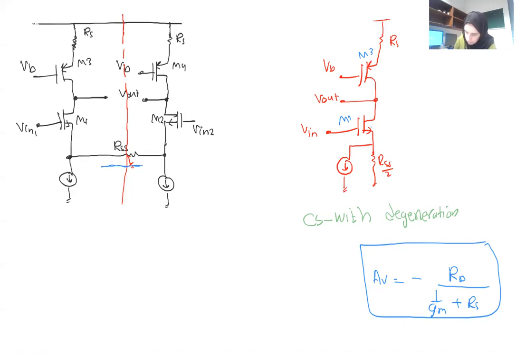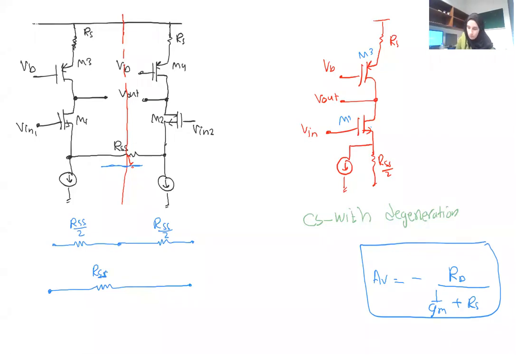So it's like each one of them is RSS over 2. This is equivalent to having a single resistor for RSS. Two resistors in series, they are half, they are equivalent to one complete resistor RSS.